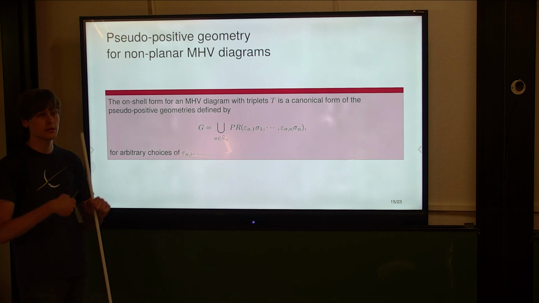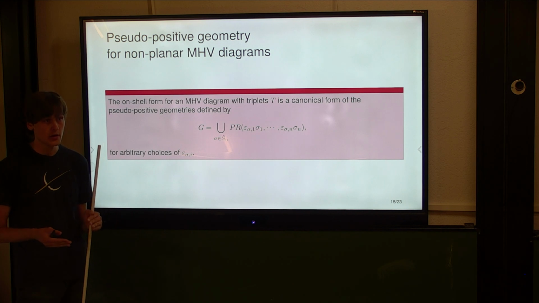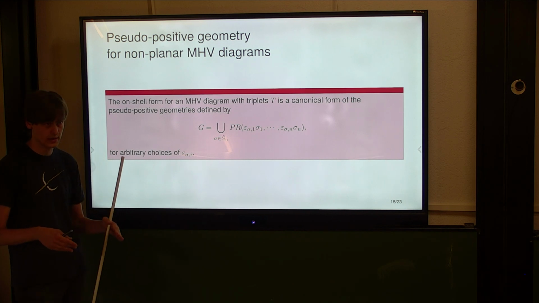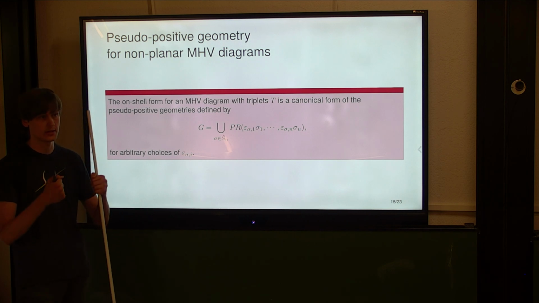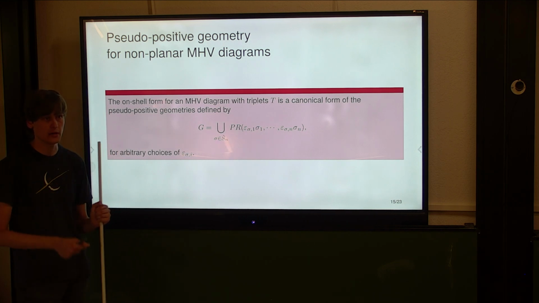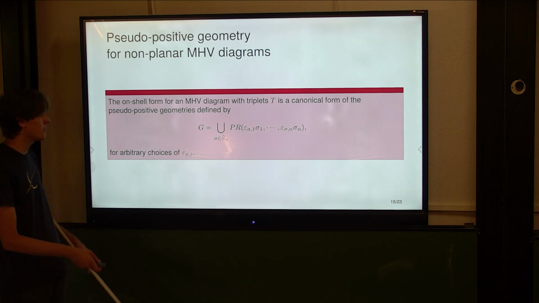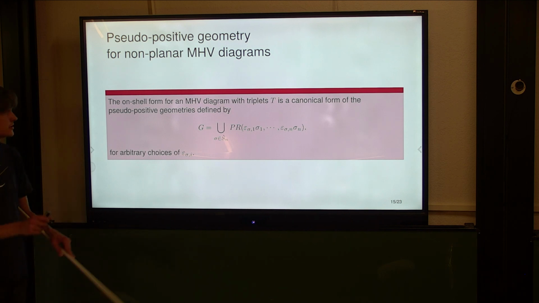What you can show is that if you have a triangulation of some geometry, you will at least have a pseudo-positive geometry where the form vanishes on some of the residues that you may take to the boundaries. So somehow these Parke-Taylor factors collude to vanish on particular facets of the geometry you end up with, and it turns out that no matter what choice you make, you can't get rid of this property.